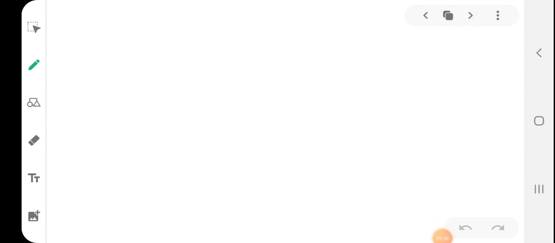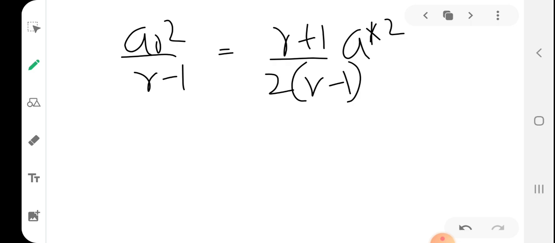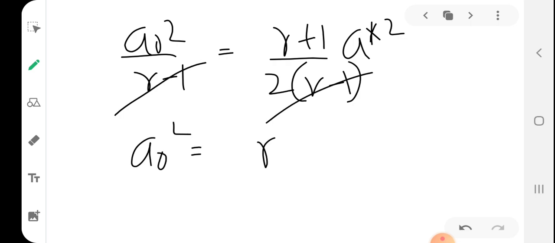Now if you want to write a0 in terms of a star square, a0 square by gamma minus 1 is nothing but gamma plus 1 by 2 gamma minus 1 into a star square, right? So this gamma minus 1 and gamma minus 1 cancel. A0 square can be written as gamma plus 1 by 2 a star square.